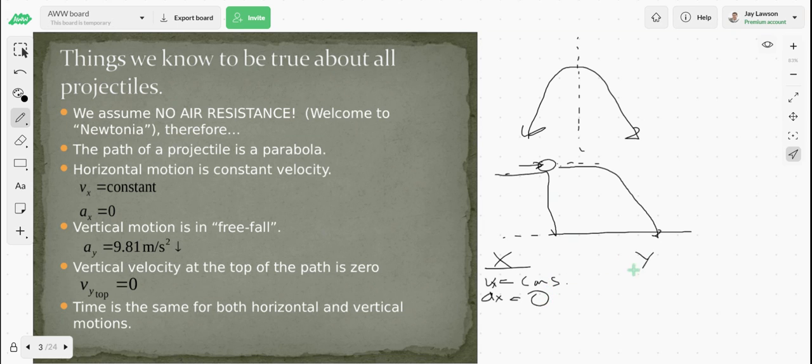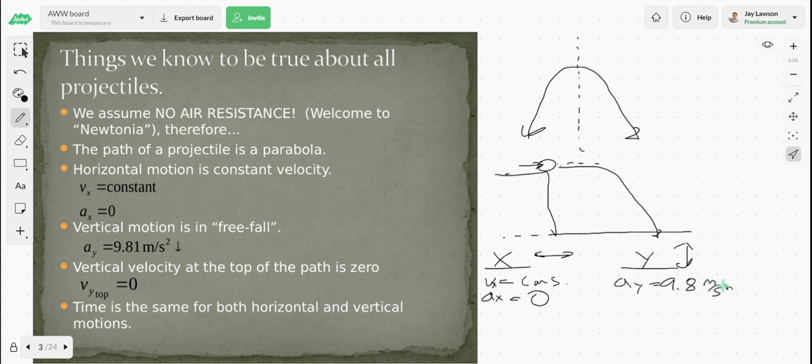Okay, now let's look in the y direction. What other things do we need to know before we approach these problems? Well, in the y direction, or the up and down, I'm going to write little arrows to indicate which directions are which. In the y direction, or vertical direction, the acceleration is going to be 9.8 meters per second squared.